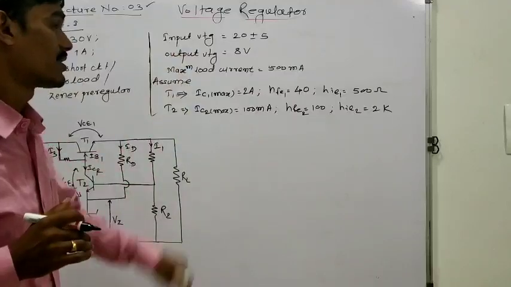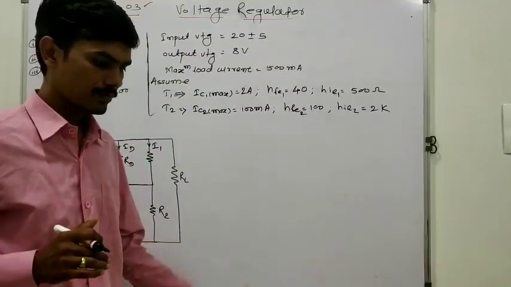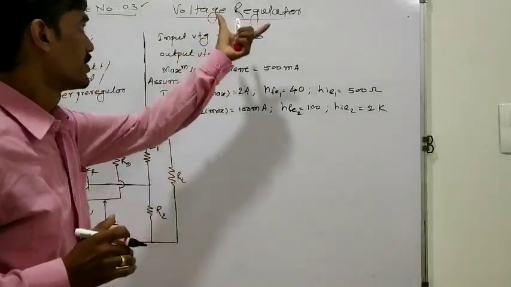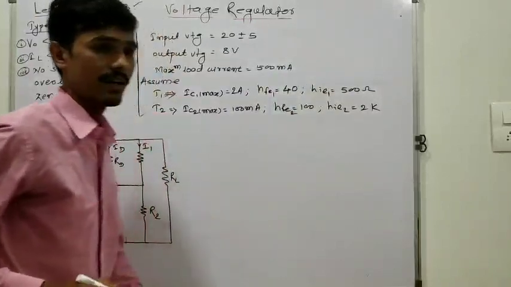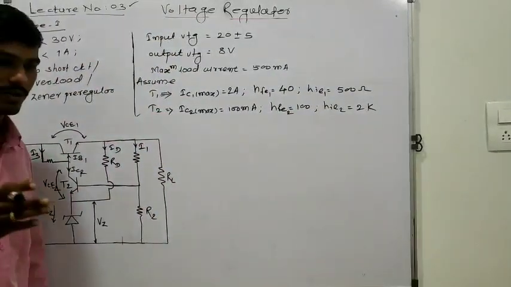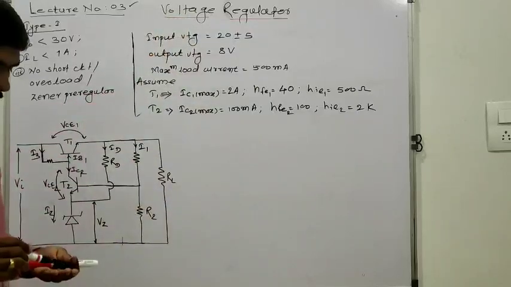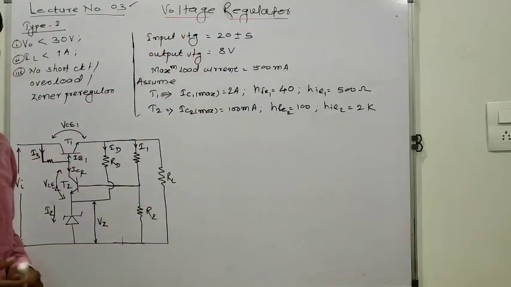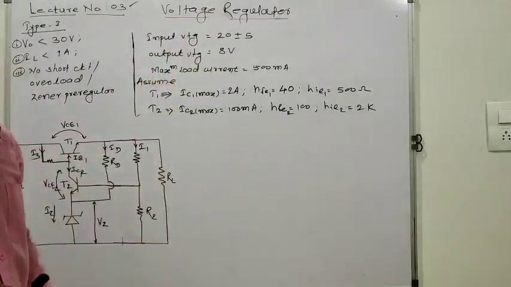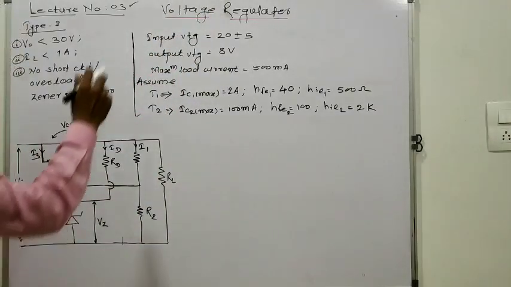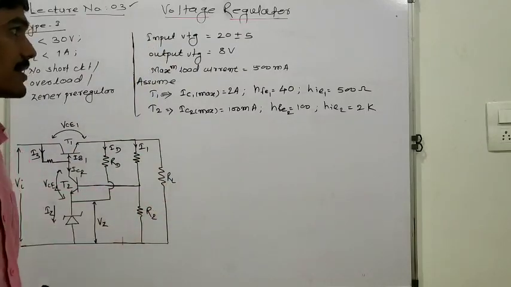That we had already discussed, as well as the voltage regulator, that is the series pass voltage regulator, and how regulators are categorized into various different categories. Also we had discussed the design steps of the series voltage regulator, or we can say a transistorized series pass voltage regulator. All the design steps we had already discussed in the second lecture.